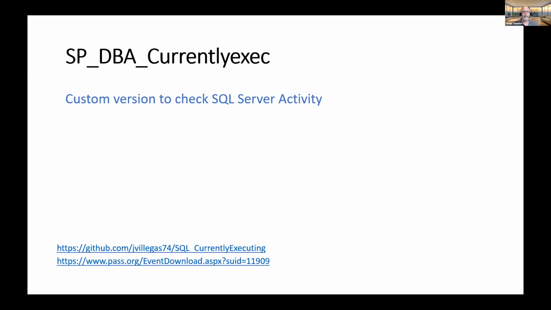So this way you can just pay attention to that reduced result set, the second one, and go directly to the locks. It's also published in GitHub, so you can definitely go there, download it, and even contribute if you would like to.